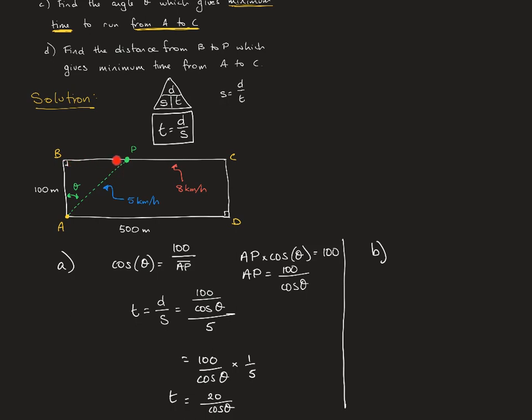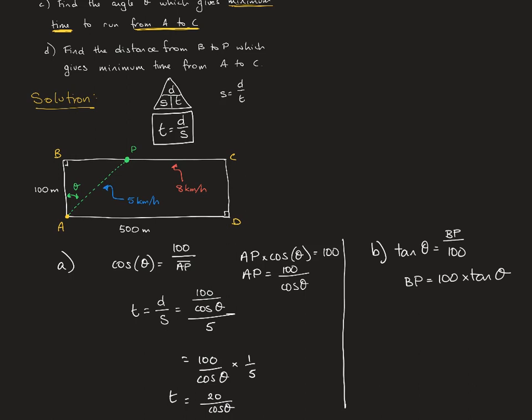And from B to P is the opposite side, and so we want to know what the opposite side is. We have the adjacent side and the angle, so we're actually going to use tan of theta to solve this. Tan of theta is the opposite side, which is BP, divided by the adjacent side, which is 100. So B to P is equal to 100 times tan theta.